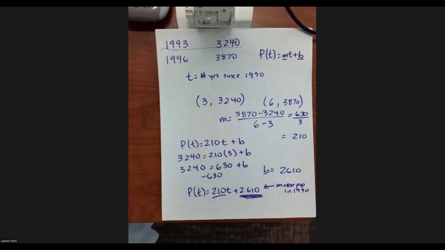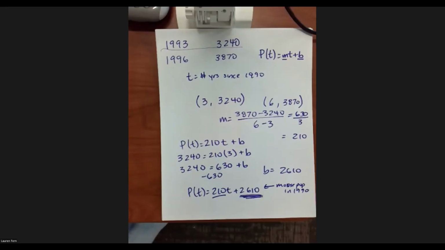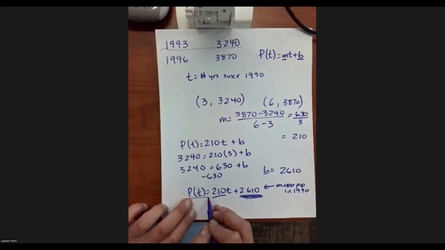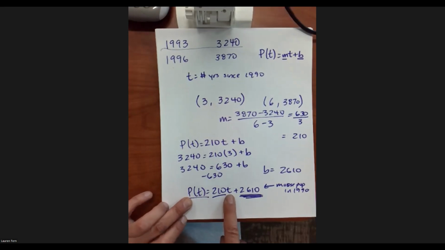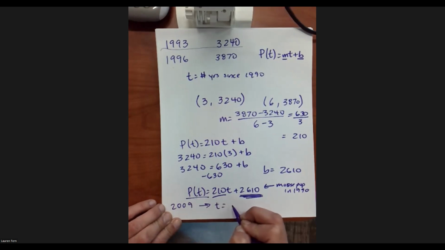So there was another part. I don't want to shortchange you here. It says, what does your model predict the moose population to be in 2009? Well, if we want to find our population, we better be given T. What is our value of T in the year 2009? 19.